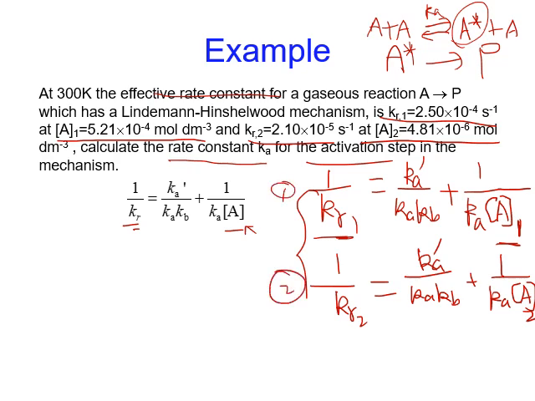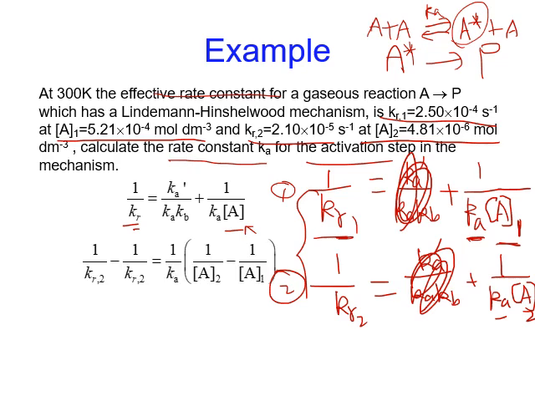Combine these two equations, this is 1 and this is 2. If you use 2 minus 1, then all these constants cancel each other. Now you only have Ka left, the rate constant of the activation step, which is the one we want to calculate.